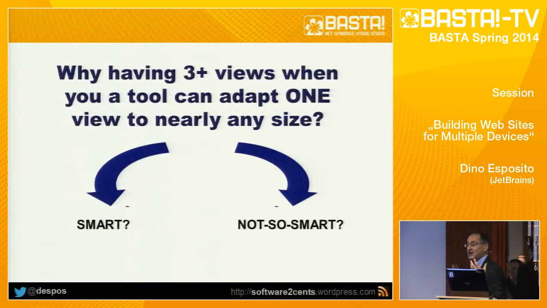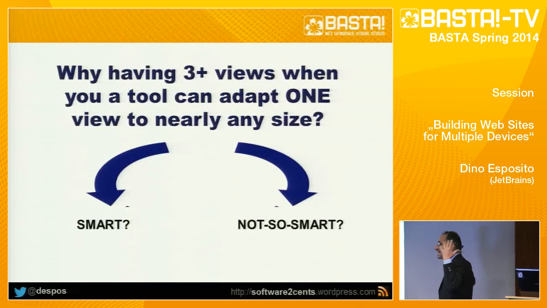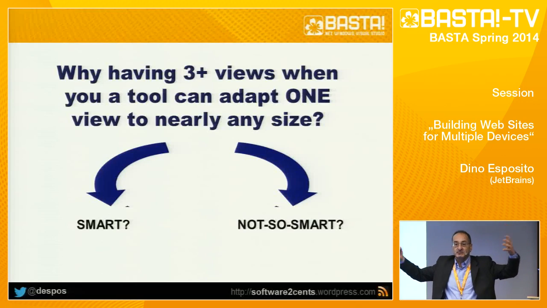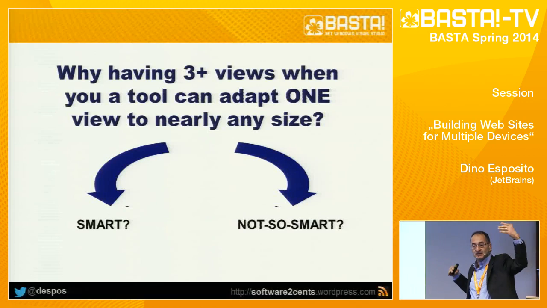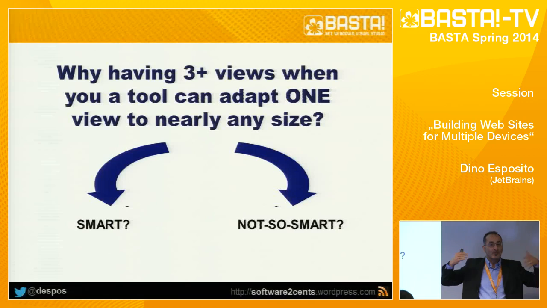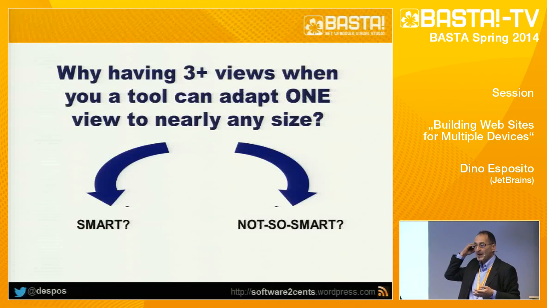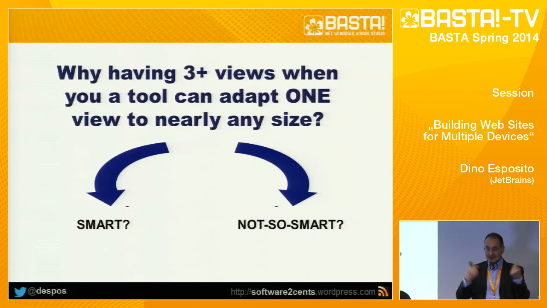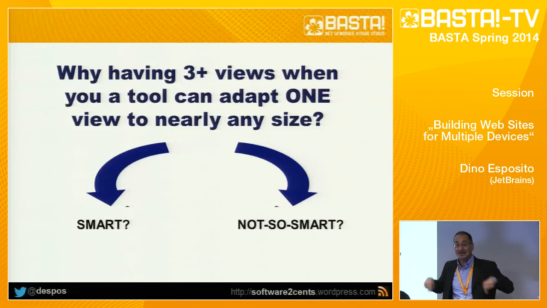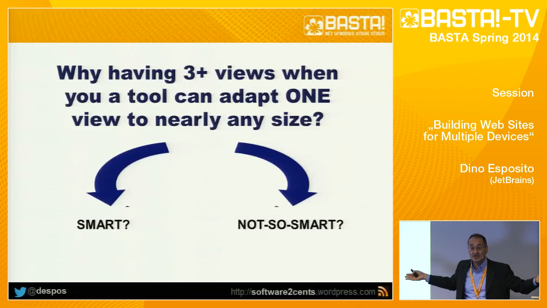So we think, why should we have 3, 4, 5, 6, 7 different views to target maybe smartphones, tablets, smart TVs, PCs? Why multiplying views? Why wasting time and resources on devising the most efficient, usable way of presenting content on a variety of different devices when we can just be smart?